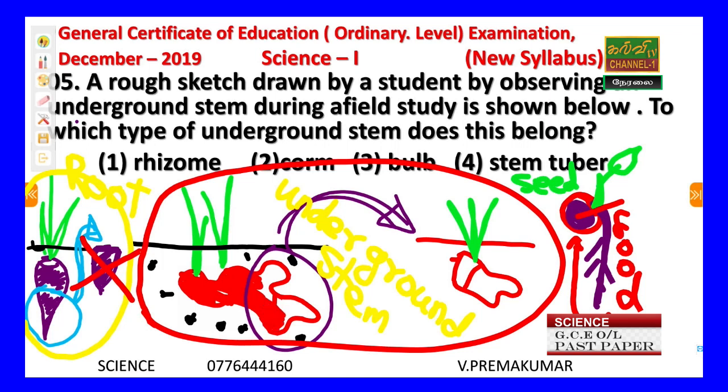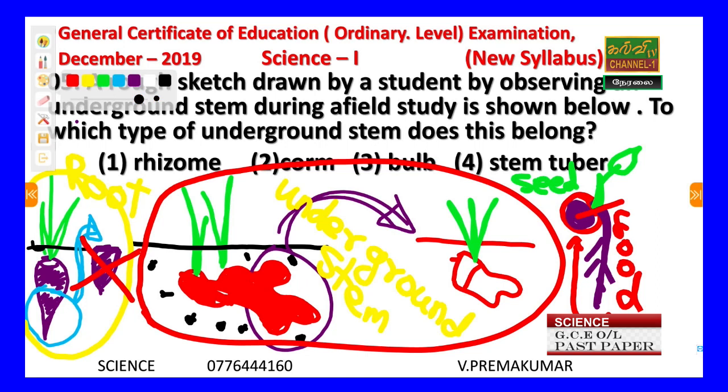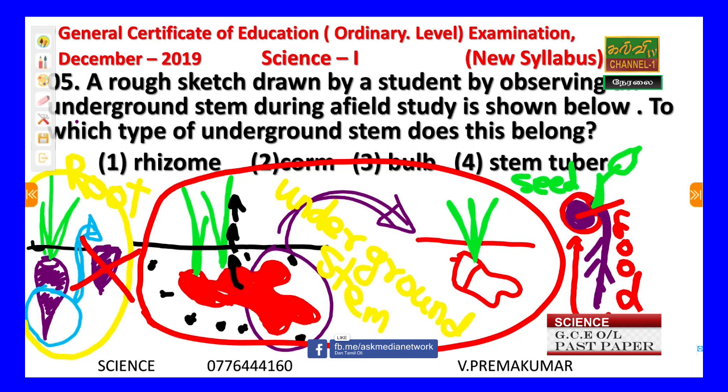Why? When they germinate and produce the new plant, at that time they can utilize that food to grow. So the underground stem mostly stores food.